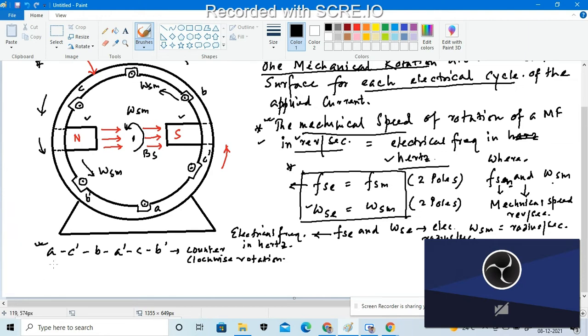What would happen in the stator if this pattern repeats twice within it? Can anyone tell?